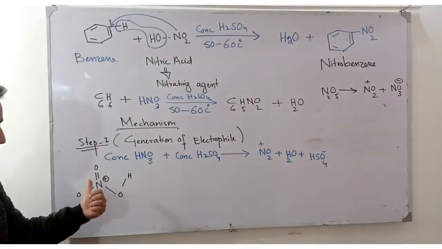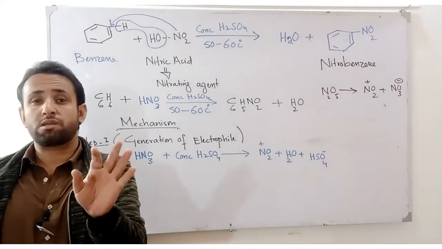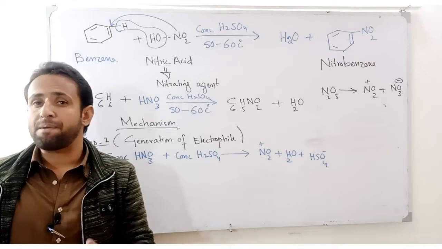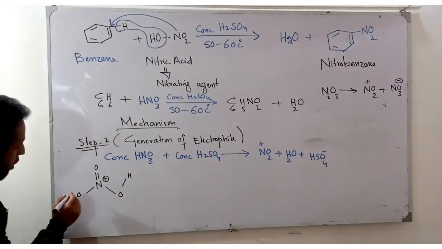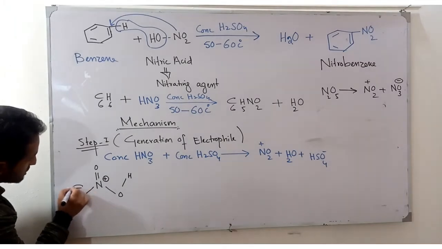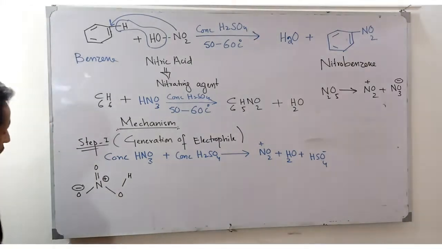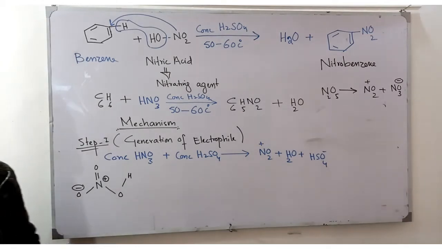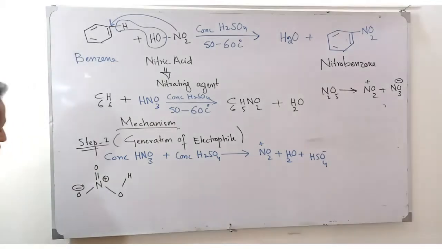So here is the same case. Here nitrogen has formed its fourth bond by the help of its lone pair, so that's why there is a positive charge. On the other end, on this oxygen atom, there is a negative charge. Why is there a negative charge? Because this oxygen has formed only one bond with the nitrogen atom.